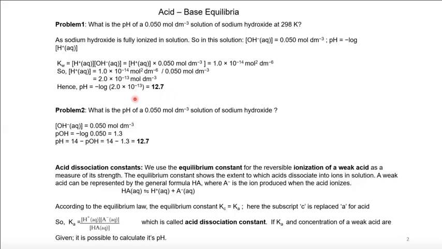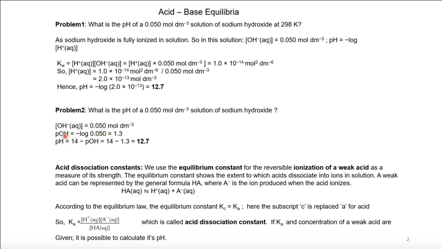Similarly, we can take another path. We know that pOH and pH added together give 14. The pH scale, if you remember, is 0 to 14: lower pH is acidic, higher pH is basic, and a neutral solution has a pH of 7.